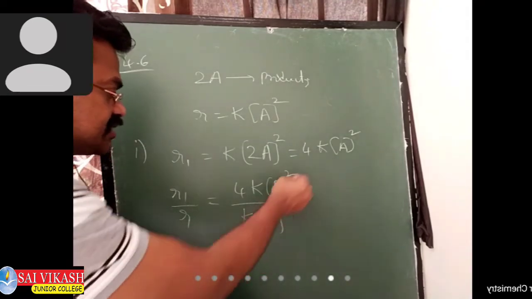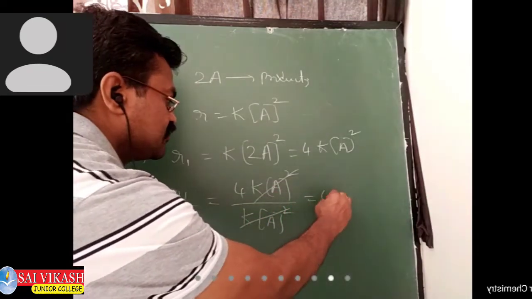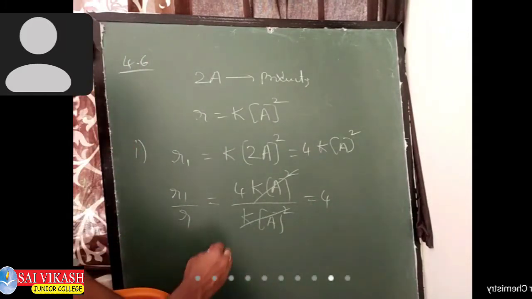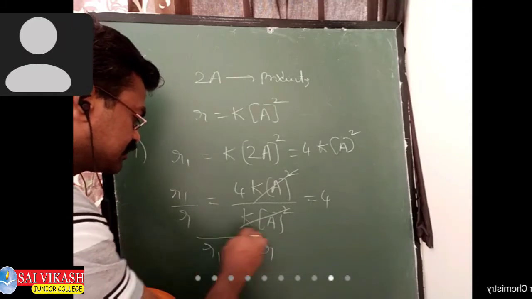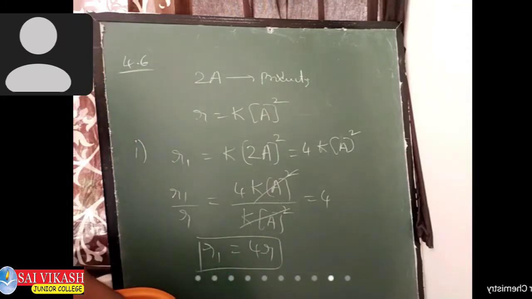So here K and A squared cancel. So 4 times you will get. So you need to write R1 equals 4R. Like that you need to show. So how do you write now? Therefore, the rate of reaction increased by 4 times. Like that you need to write.